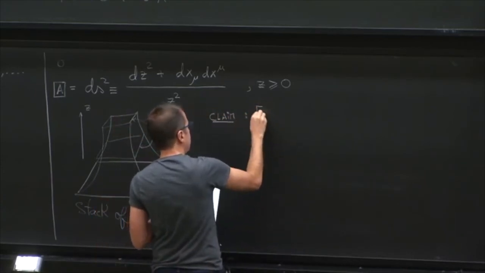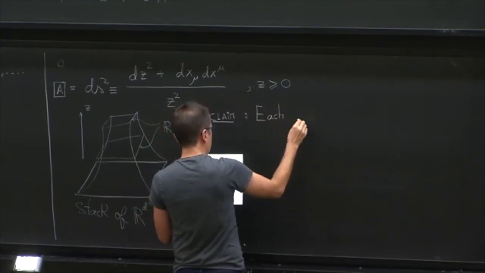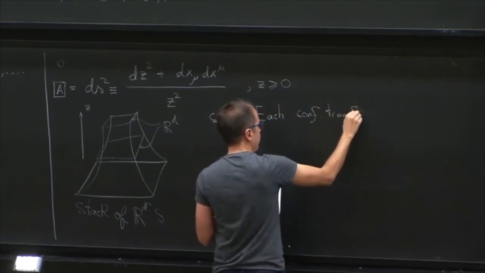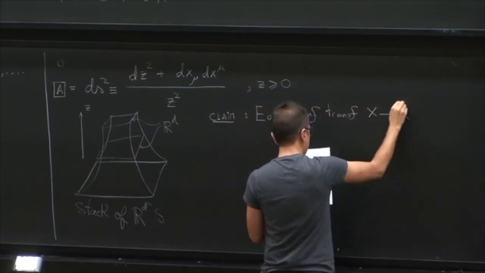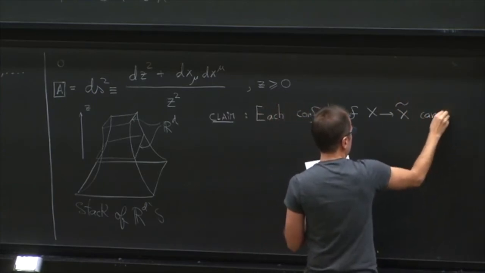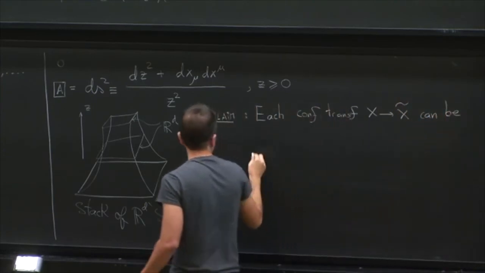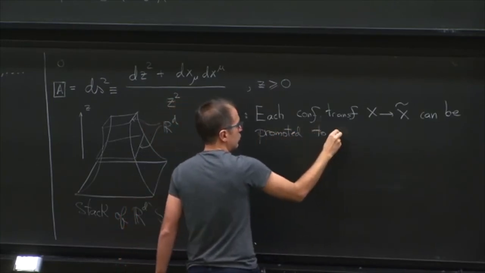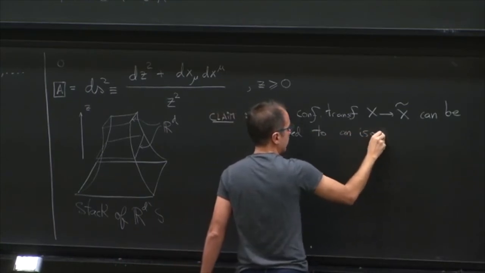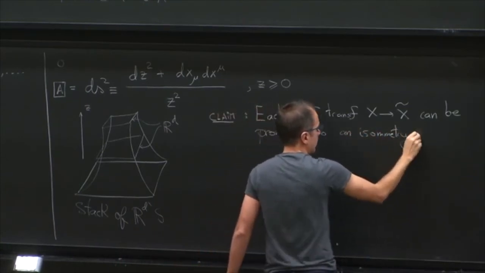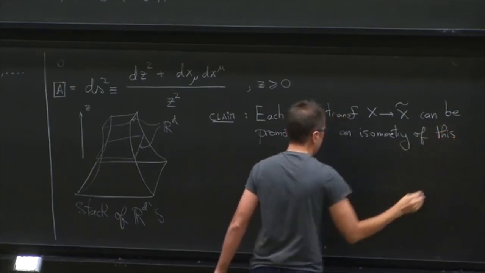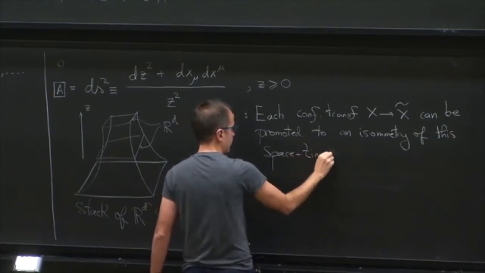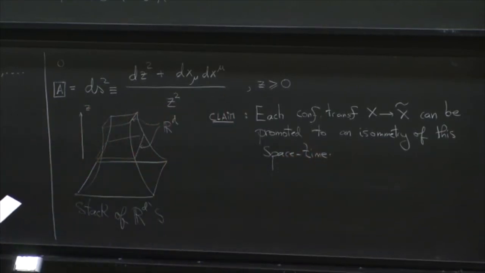A claim is that each conformal transformation x goes to x tilde can be promoted to an isometry of this space-time. So let's see what we mean.